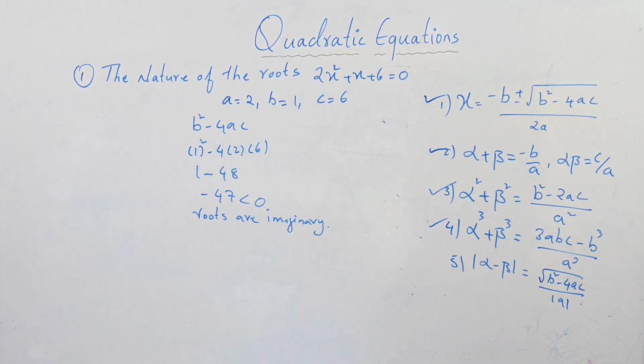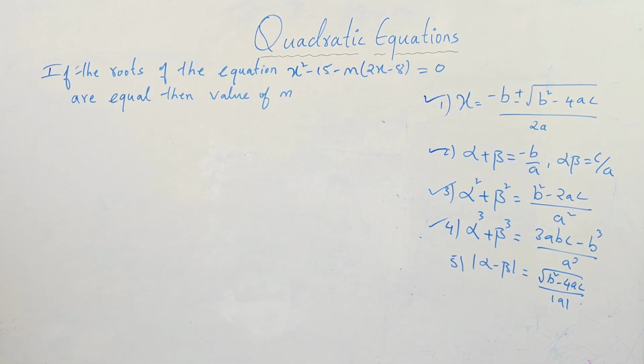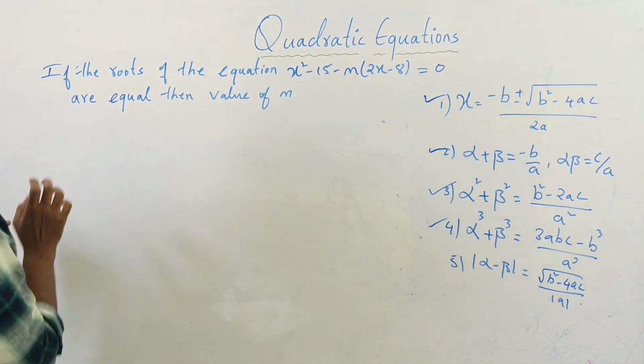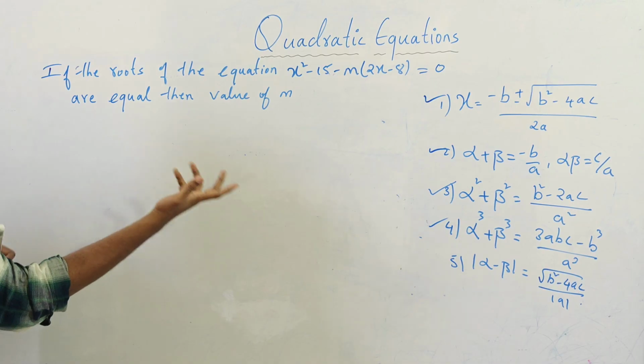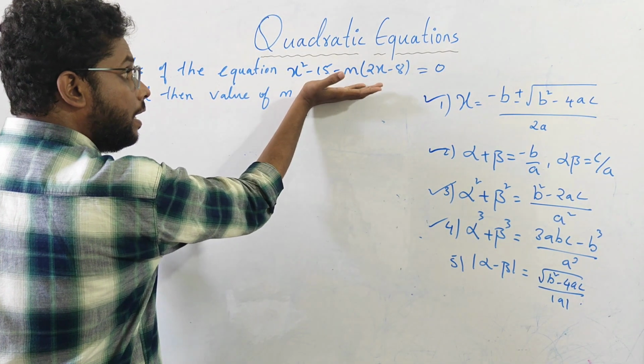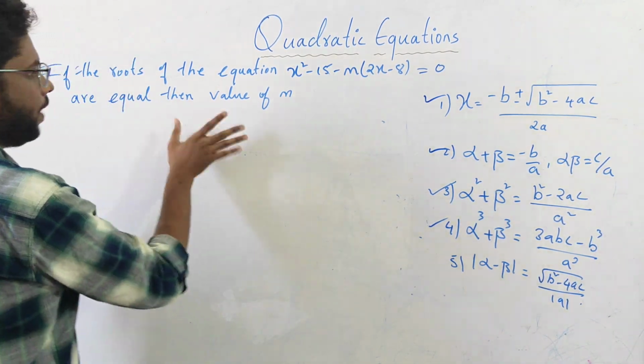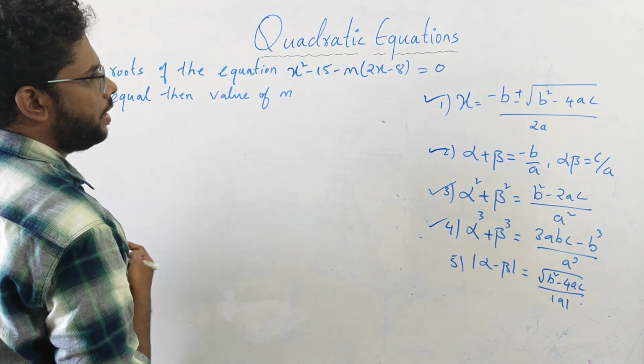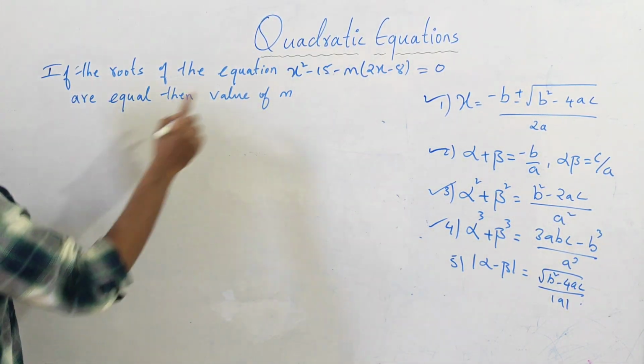Now let us see the next question. What is given? If the roots of this equation are equal, then find the value of m. So we need to find the value of m. If you look here, it is not in the standard quadratic equation. First I will convert it to the standard quadratic equation. How?